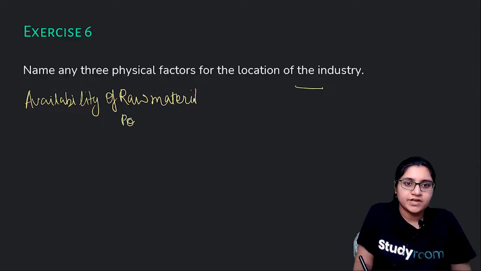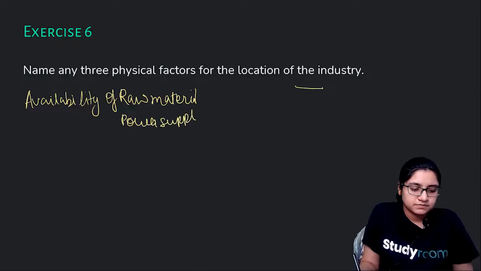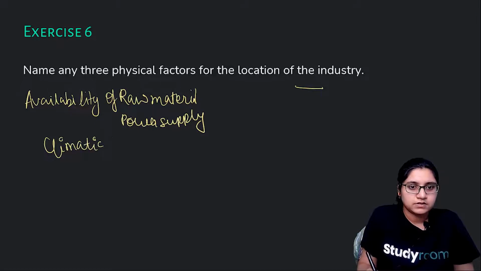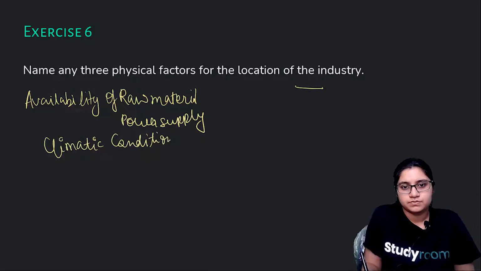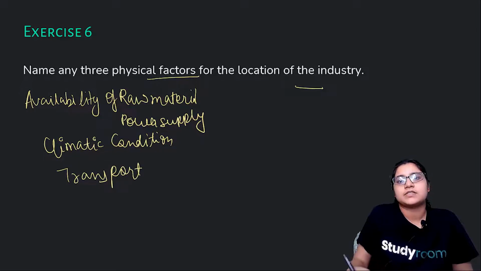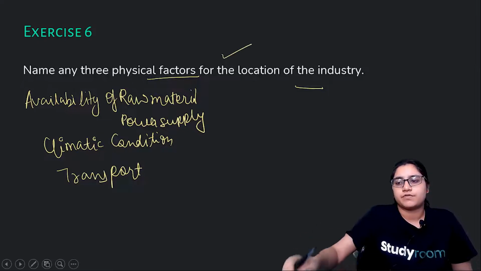Then we have availability of power supply, that is electricity, climatic condition, transport. So these are the physical factors, more than three I have mentioned, important for the location of an industry.